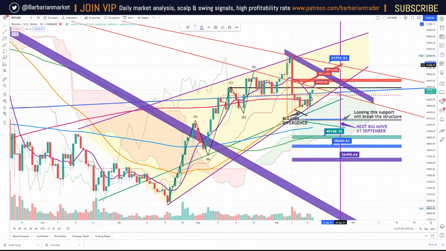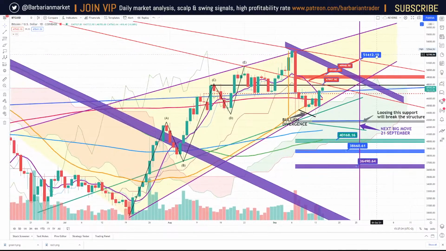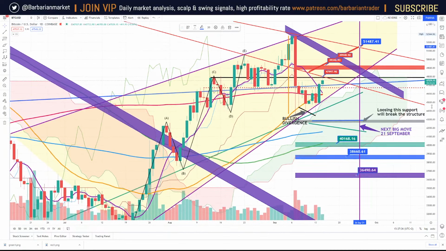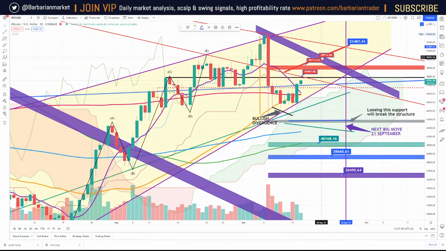And we have this intersection of the middle of the channel with this double red line and this diagonal resistance.